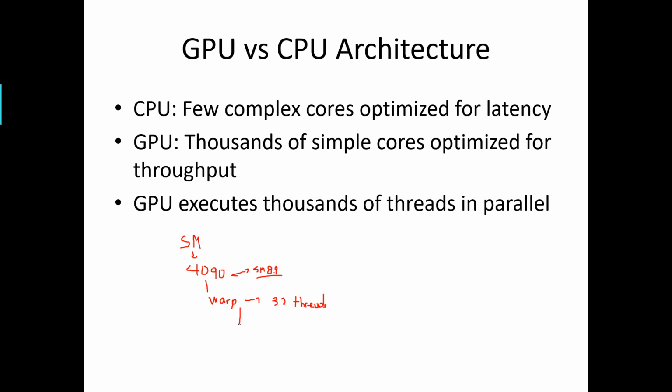And then we have the smallest unit, which is just the thread. So in the streaming multiprocessor, we have the microarchitecture where we have the cores, the registers, and so on, warps, groups of 32 threads running in the cores, and the smallest unit, a thread.